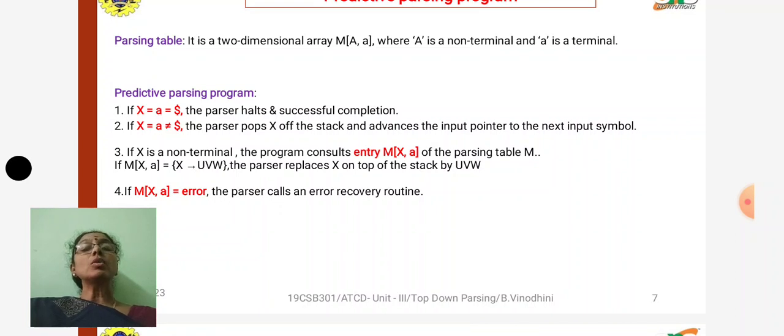If x is a non-terminal, we look up the parsing table entry M[x, a] and push the corresponding production rule in reverse order onto the stack. Finally, if there is no entry at M[x, a], we mark it as an error. This is the predictive parsing program.